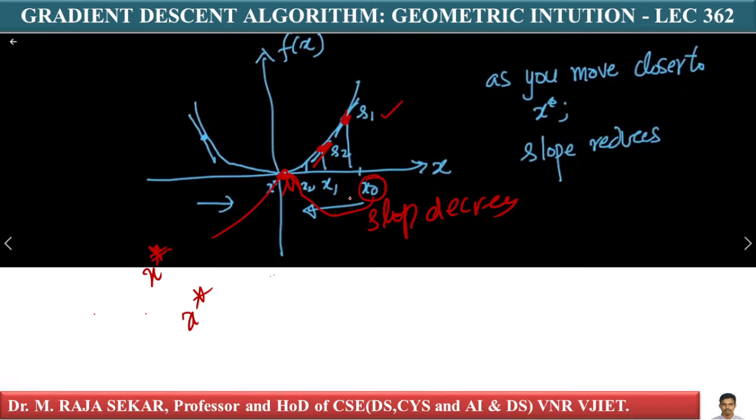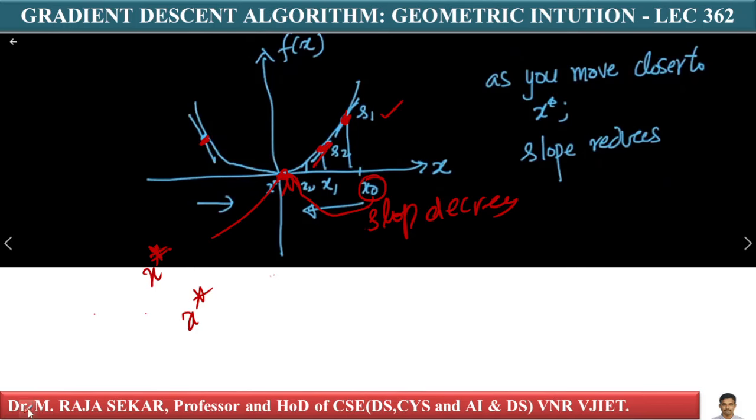Here what happens? Just see. The slope here is a negative value, because as you go from one side to the other side, you are going from a positive value to a negative value.